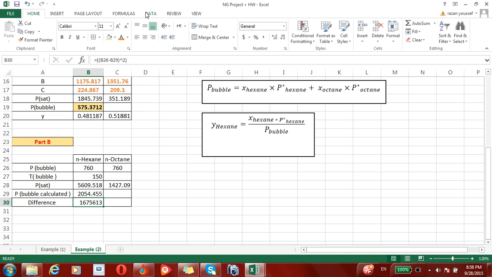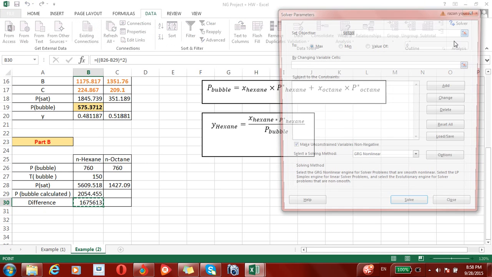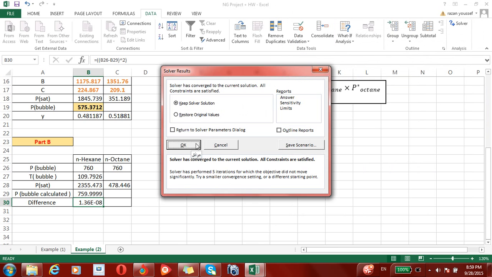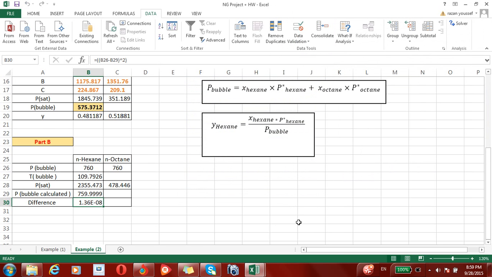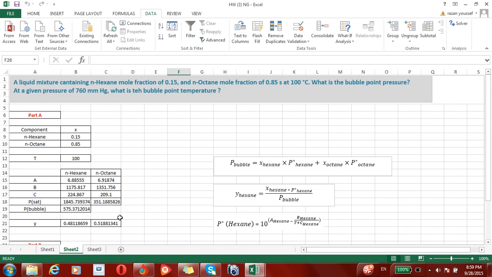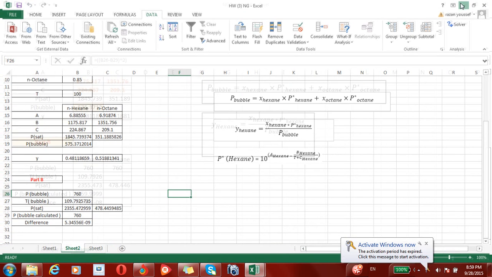Now, Data, Solver, set object is the difference cell, of course to minimum, by changing the T bubble cell. Okay, let's do it. I got 109. Let's check if my answer is right, because I already did it here before. It is right.